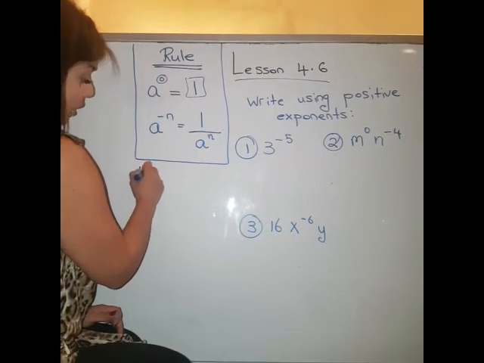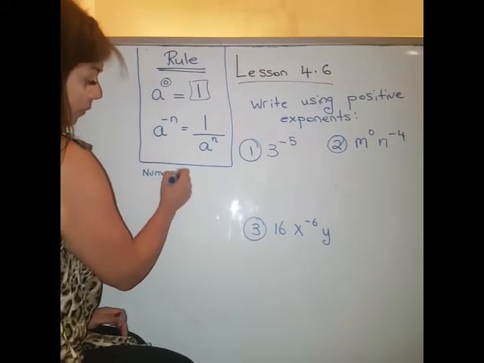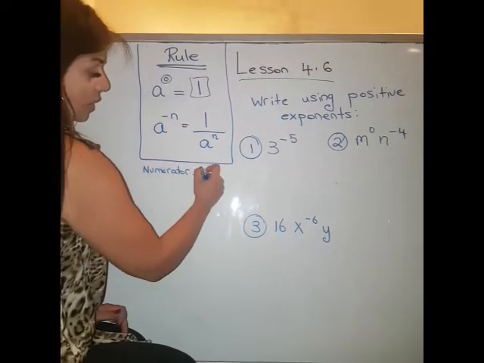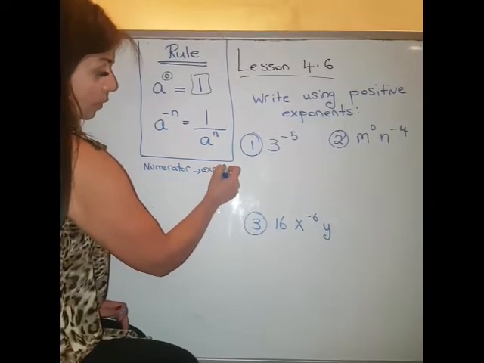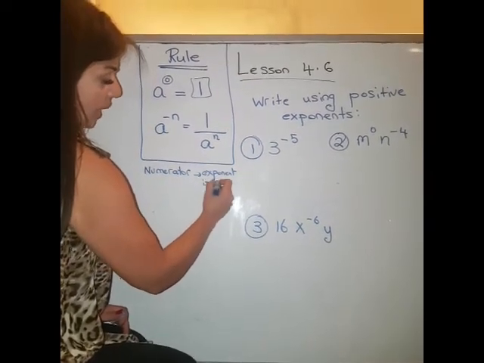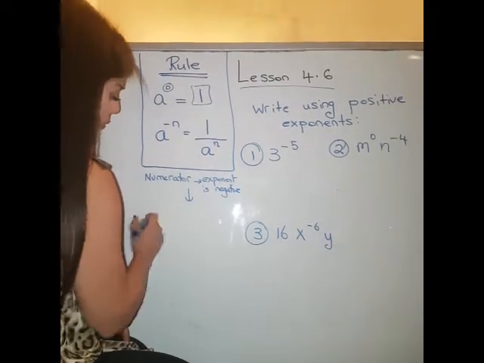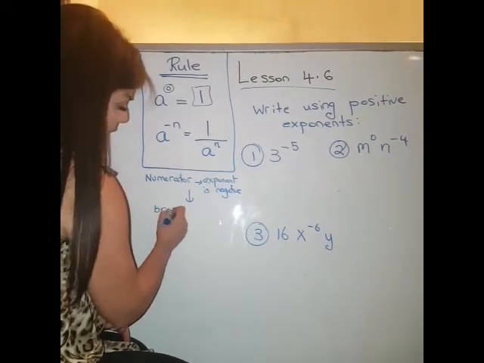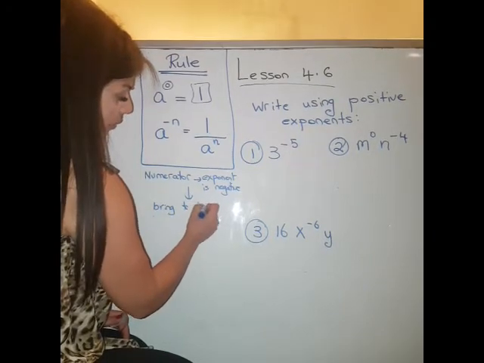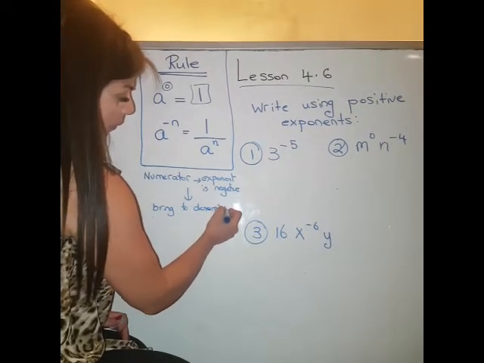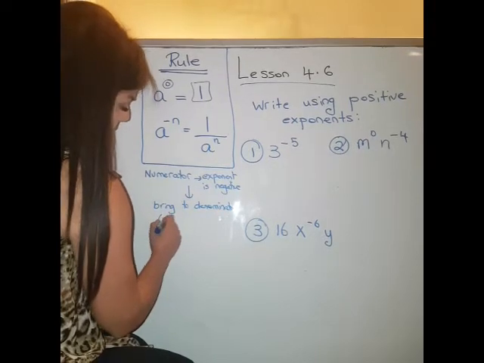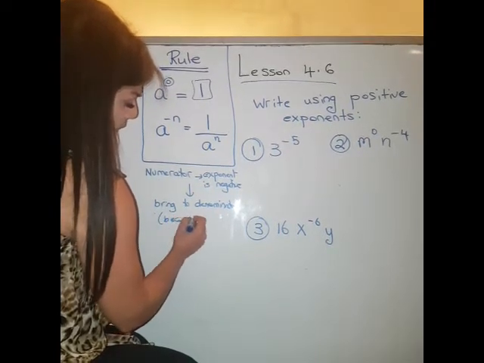If in the numerator the exponent is negative, bring it to the denominator, and it becomes positive.